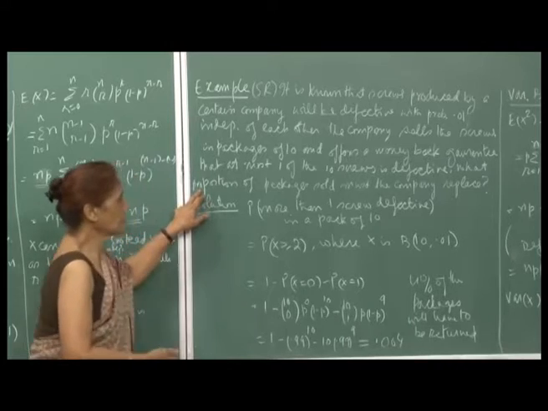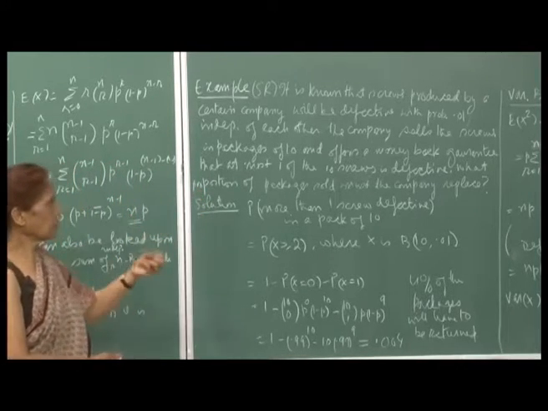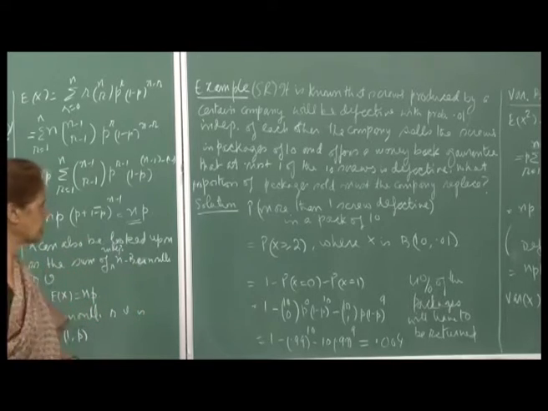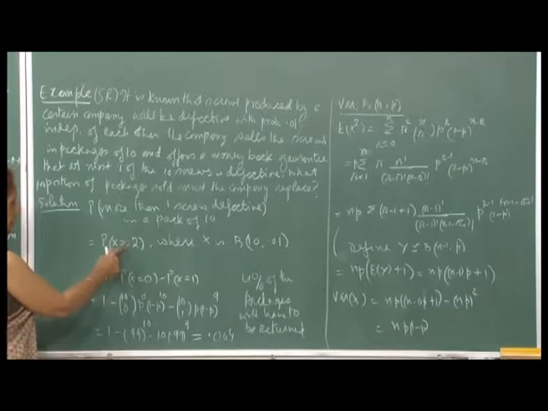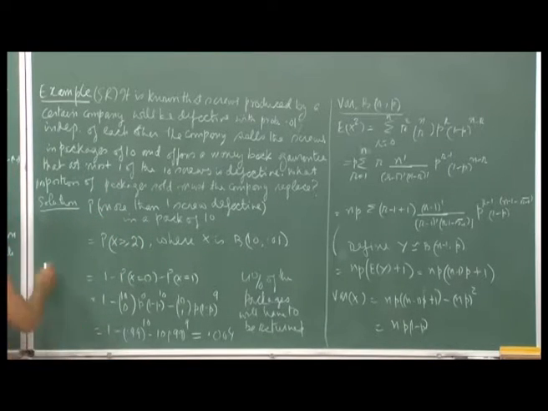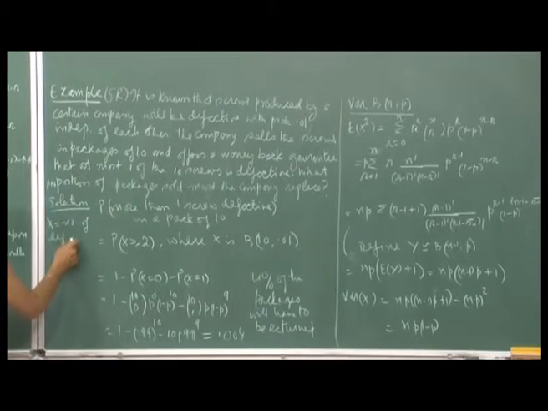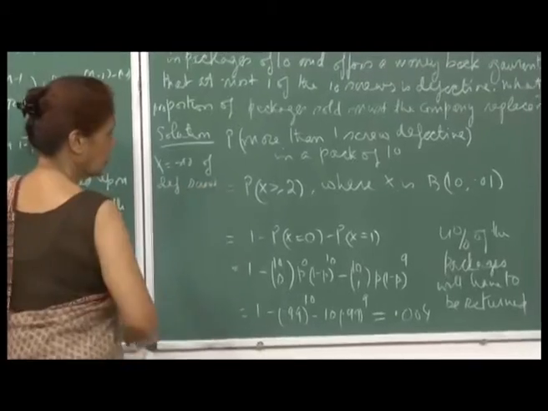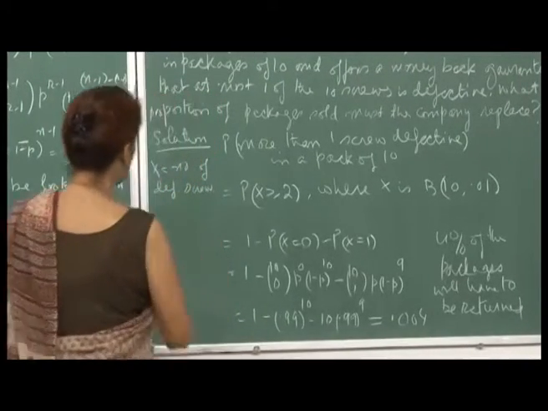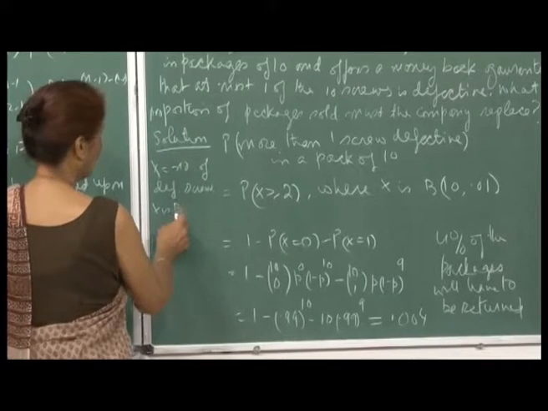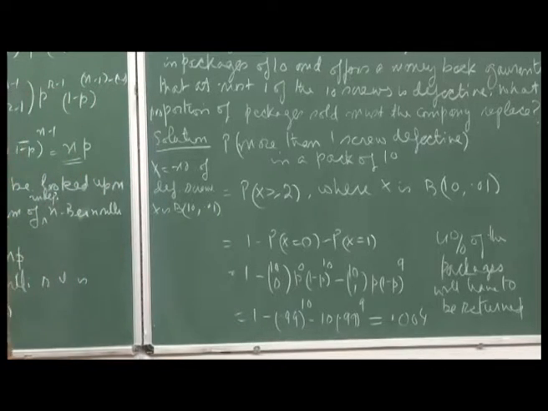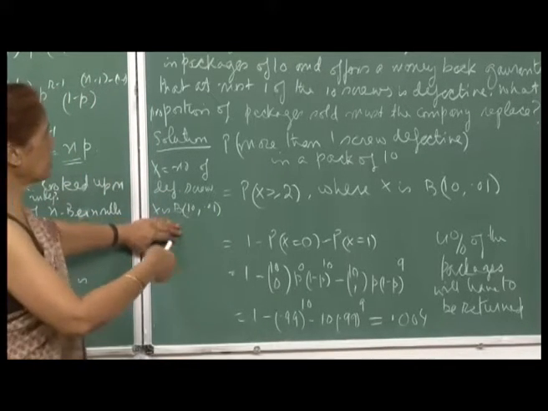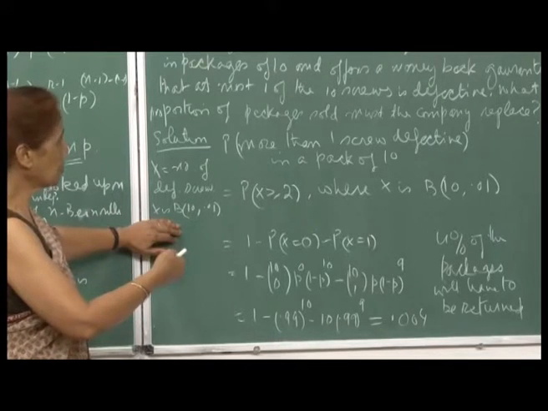So, that means you want to find out the probability of packages of 10 that have more than one screw defective, right. So, if x is the number of defective screws, then x is binomial (10, 0.01). Yes, because we are treating a defective screw as a success.